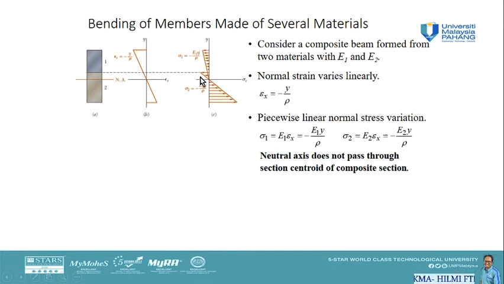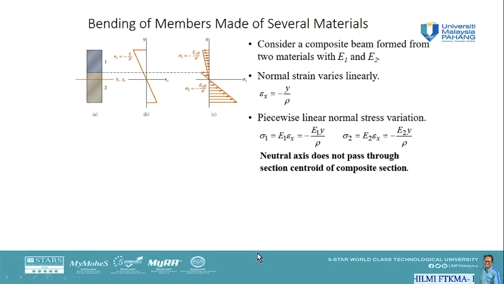For sigma 2, it will overlap with material 1, where sigma 2 will have both tensile and compressive stress, unlike sigma 1, which only has tensile.